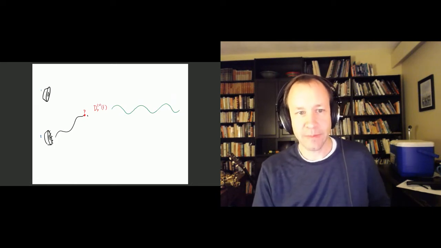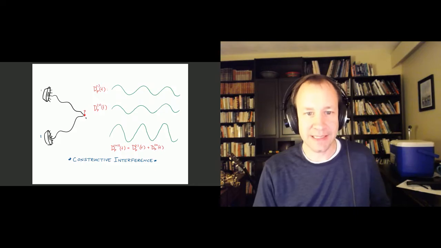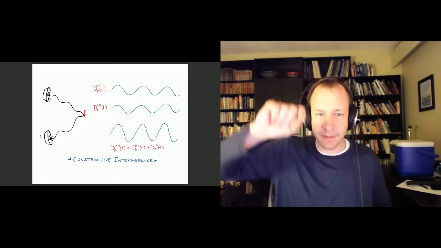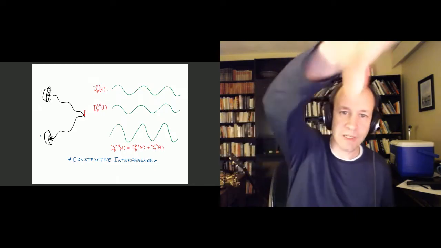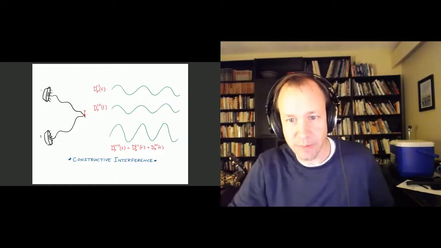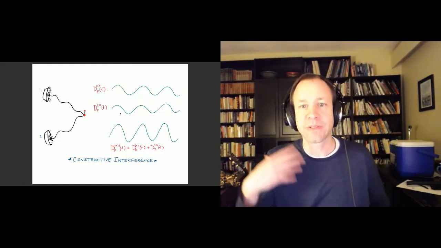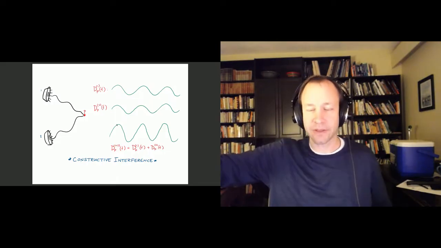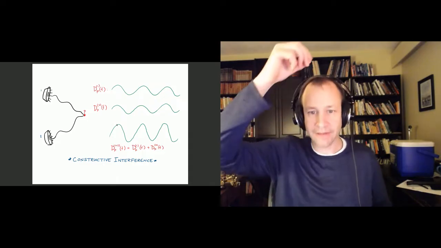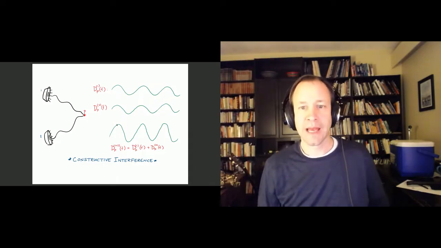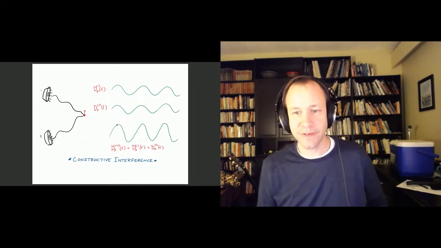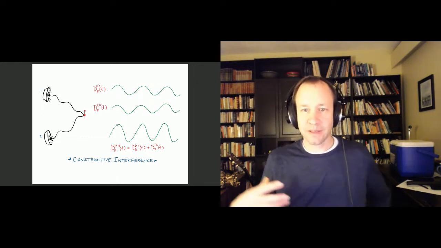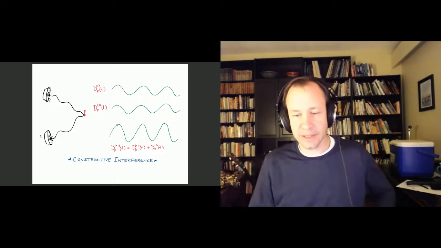In this case, point P is at the same distance from speaker 1 and speaker 2, so you're getting exactly the same displacement at P from speaker number 1 as from speaker number 2. Those just add up nicely and give you a displacement which is twice the amplitude you'd get from either one of the speakers.